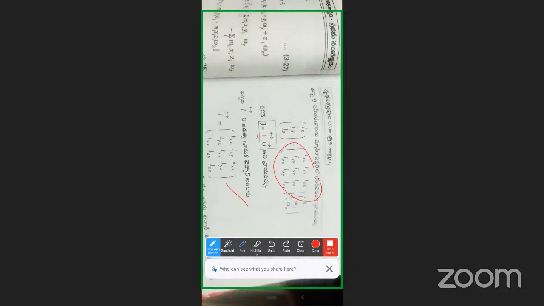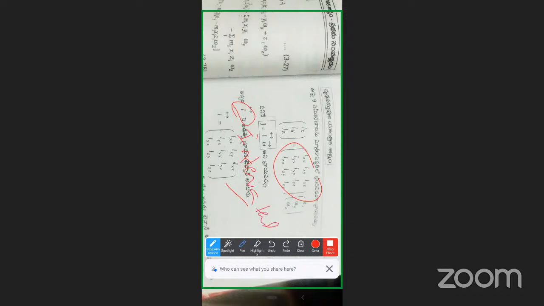The properties of the inertia tensor: it is symmetric, and it applies also for a sphere and for a symmetric top. That is, I is the inertia tensor.